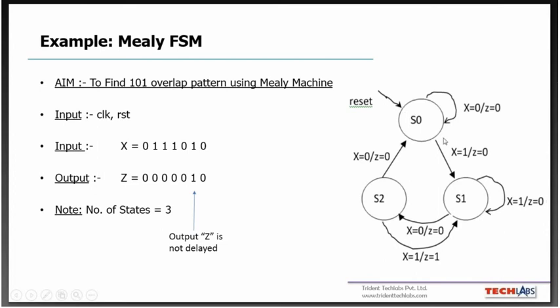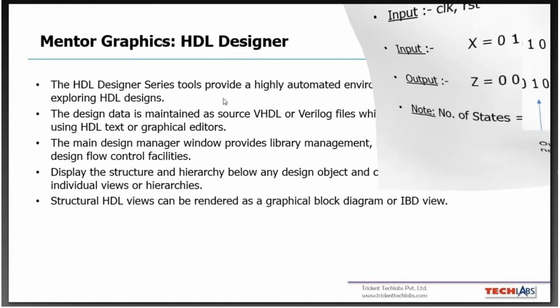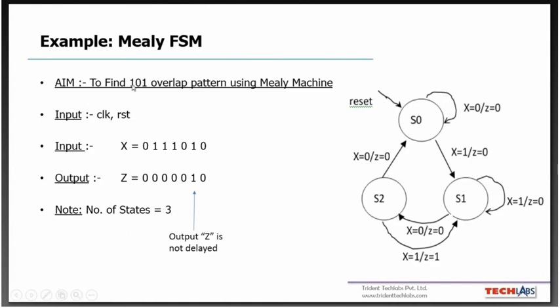So let us start to analyze how to construct this Mealy FSM. We have this FSM now, with a default state of S0. We want to find a pattern of 101. First, if x is equal to 1 is found, only then it will move from state 0 to state 1.